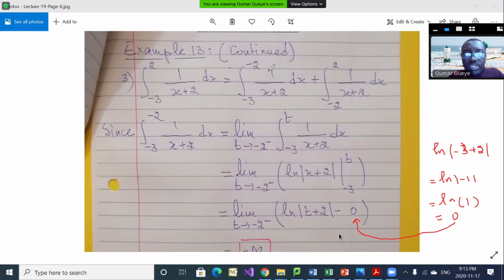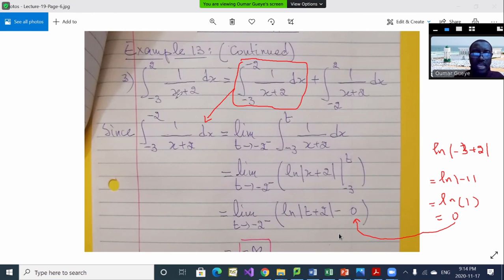So it means this first integral that we calculate here, we only calculate the first integral, and we got -infinity. So since we got -infinity, it means we don't need to calculate the second one because the whole thing gonna be just divergent. Even if the second one is plus infinity or minus infinity, the whole thing gonna be divergent in this case. That's why we conclude.